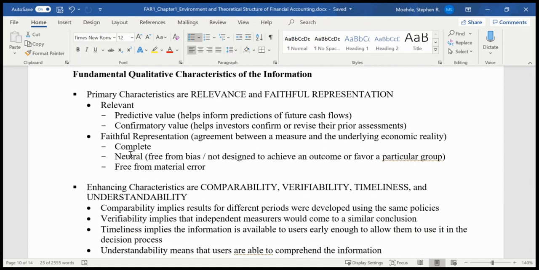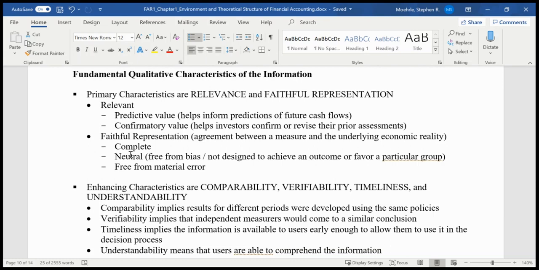So, an economic reality might be total sales. Is our measure of total sales, does it reflect the underlying economic reality? Does total sales on the income statement in the sales account represent the economic reality of the sales of the company that period?